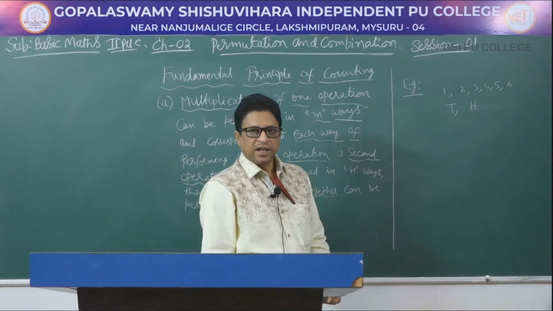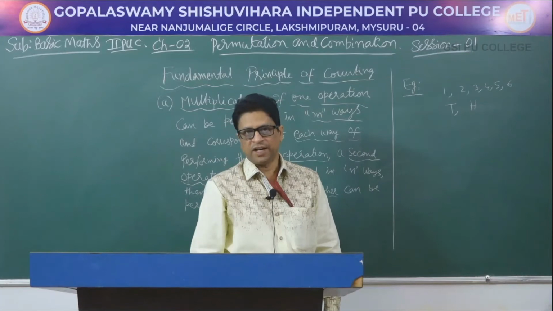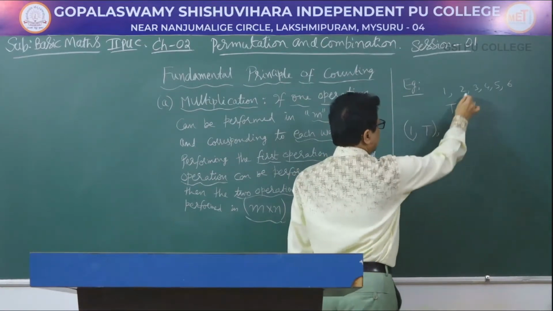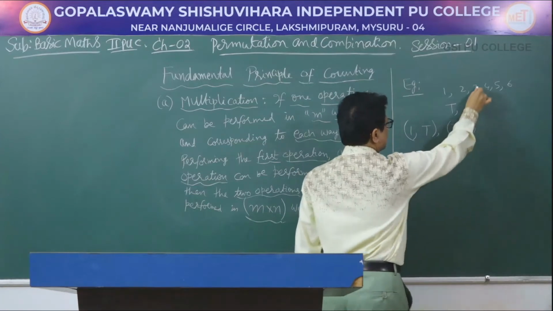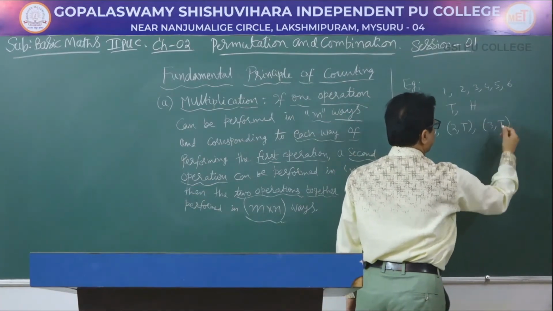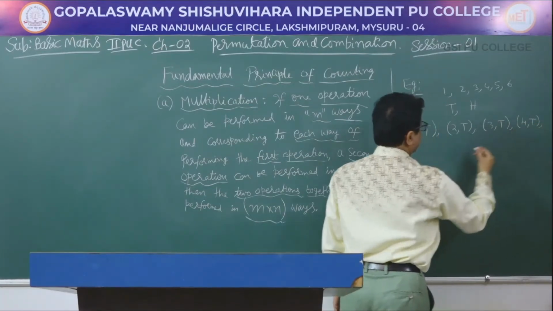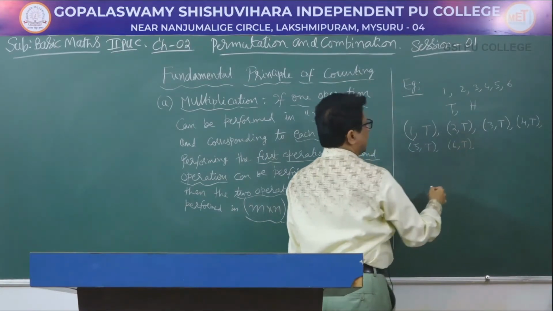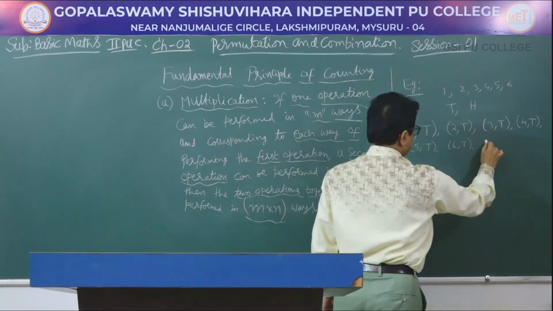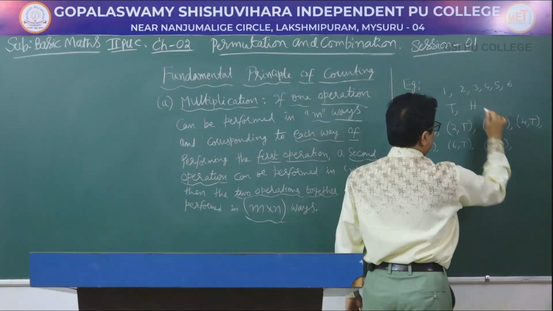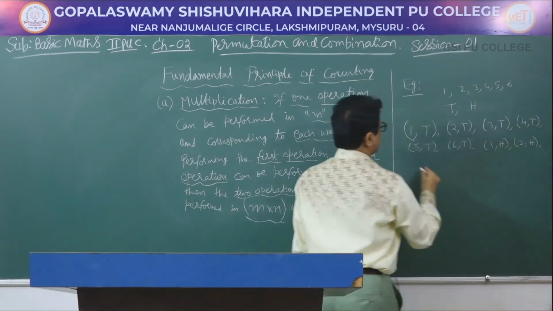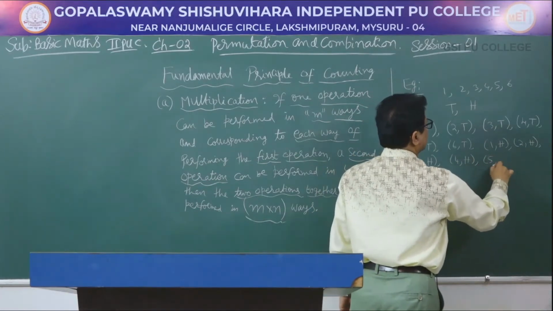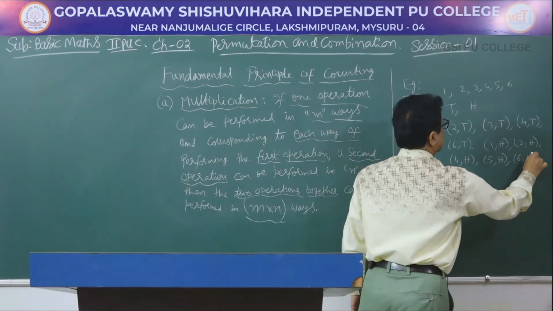Consider an experiment of rolling a die once and tossing a coin once, then the possibilities are 1T, 2T, 3T, 4T, 5T, 6T, and 1H, 2H, 3H, 4H, 5H, 6H.